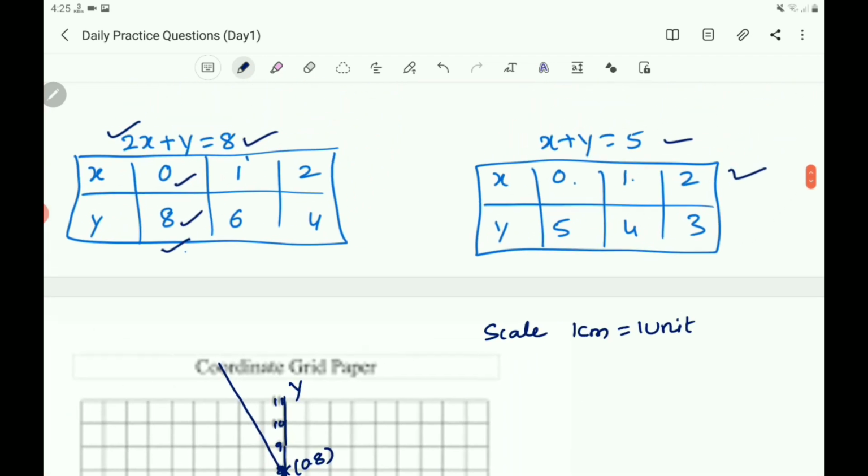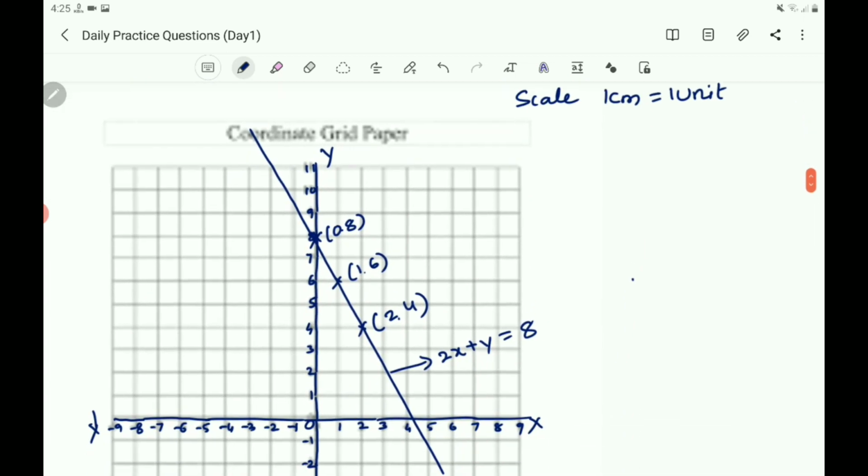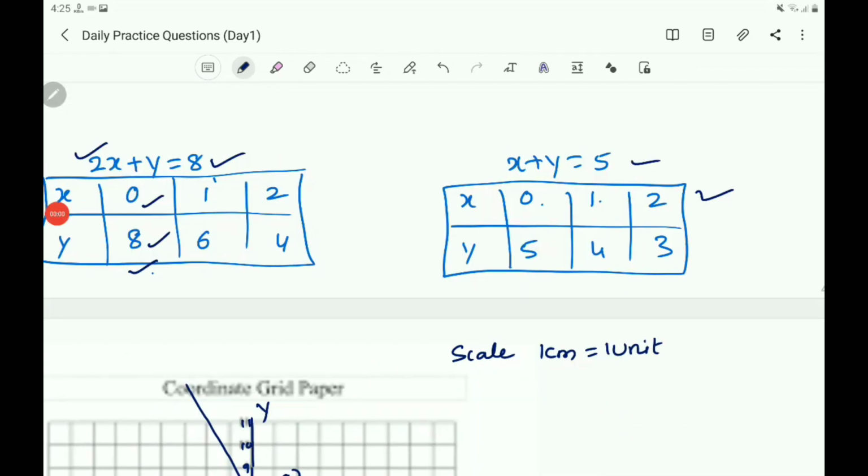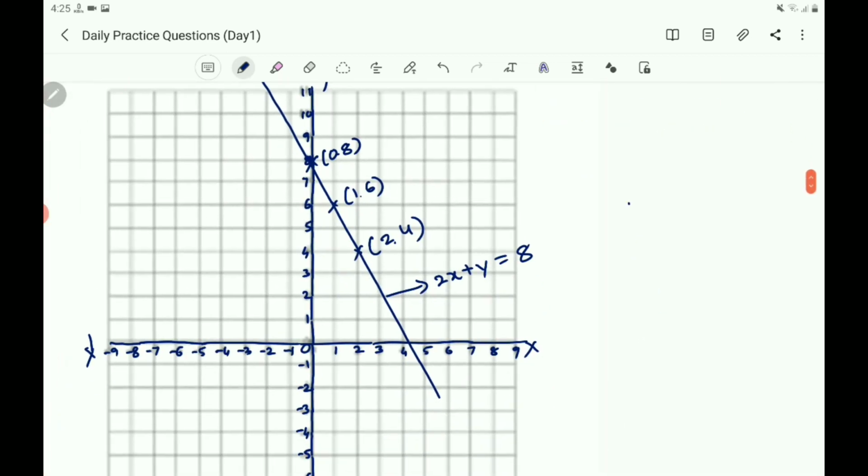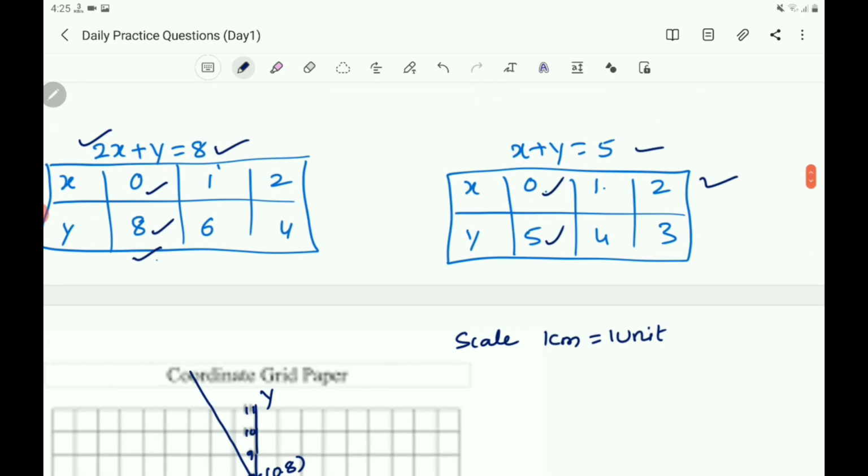Now you take the equation x plus y equals 5. The points are: first, the coordinates 0, 5. So you take 0 here, 5 comes here. The second point, the coordinates are 1, 4.